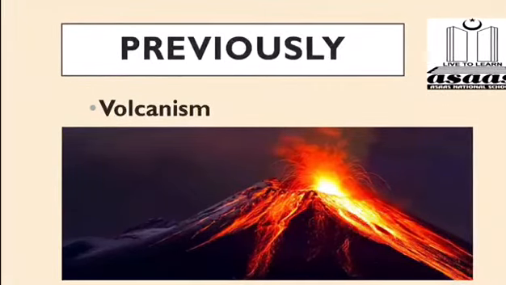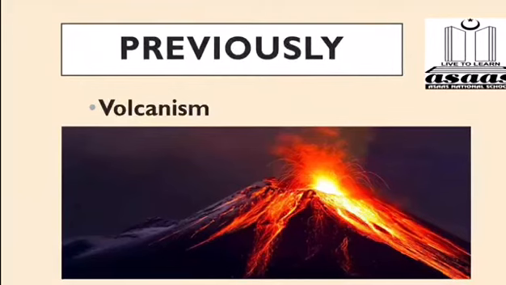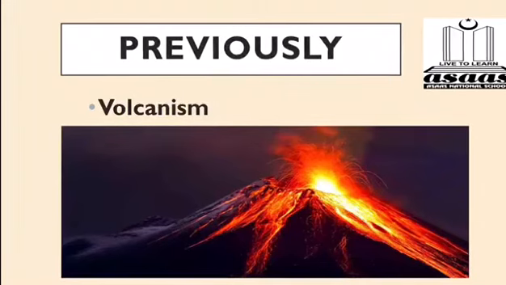Active volcanoes cause a lot of destruction on the surface of earth, and dormant volcanoes are those which have not erupted for a few hundred years, but they are very powerful.